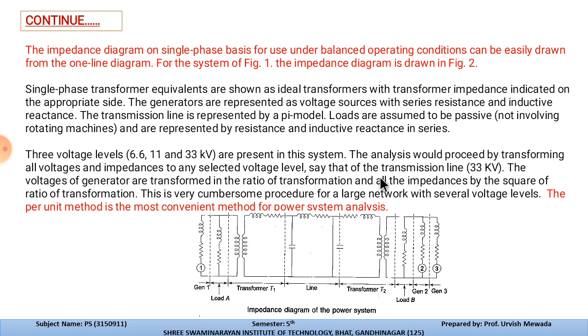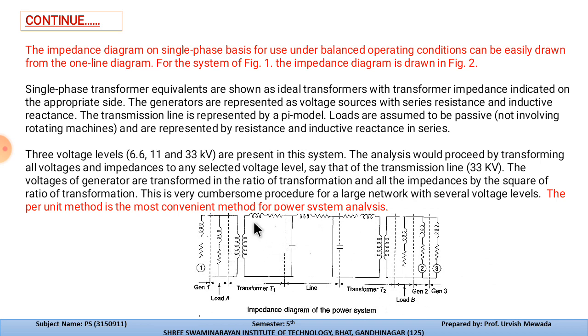Say the transmission line is 33 kV, the voltages of the generators are transformed in the ratio of transformation, and all the impedances by the square of the ratio of transformation. This is a cumbersome procedure for a large network with several voltage levels. So the per unit method is the most convenient method.